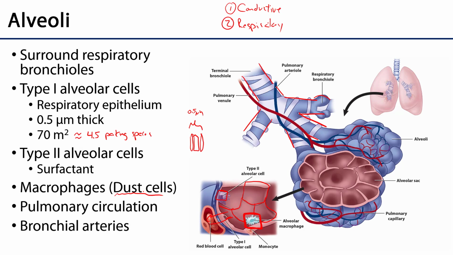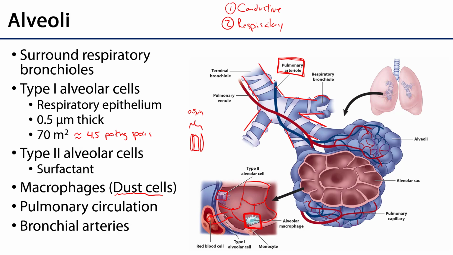Now keep in mind that the capillary beds here are part of the pulmonary loop, and the pulmonary loop is fed by the pulmonary arteries, and so those pulmonary arteries are going to be tracking along the bronchial tree, and as the bronchial tree gets smaller, so do the arteries, shrinking in size to the level of arterioles.